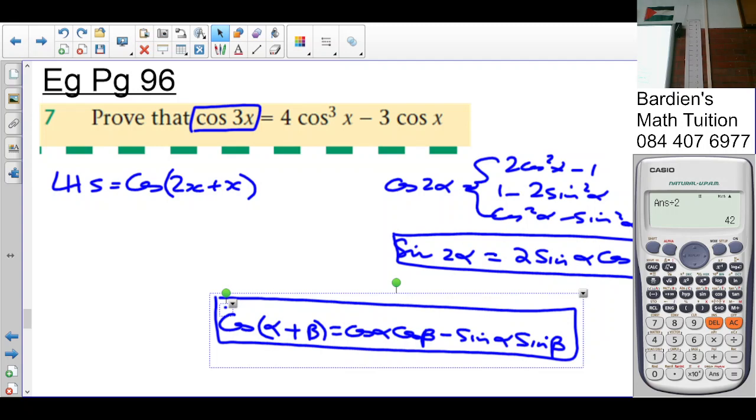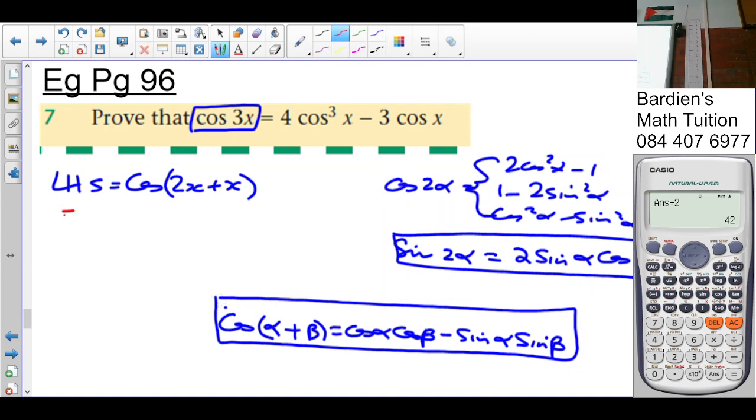So if you're going to use a cos expansion here, it will simply be cos 2x cos x minus sine 2x sine x. Not so? They have used that cos expansion.